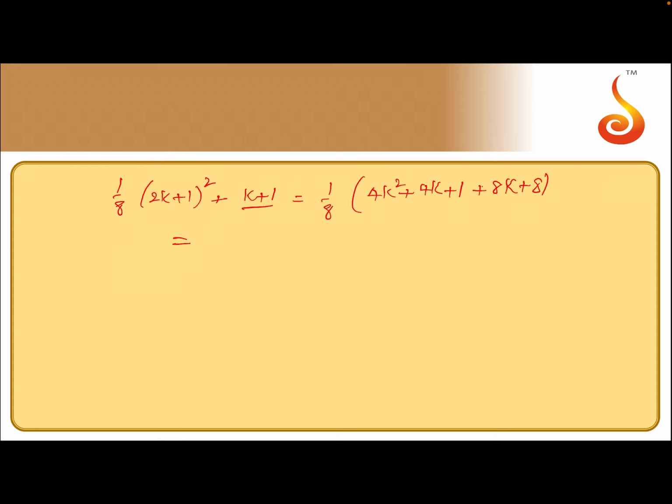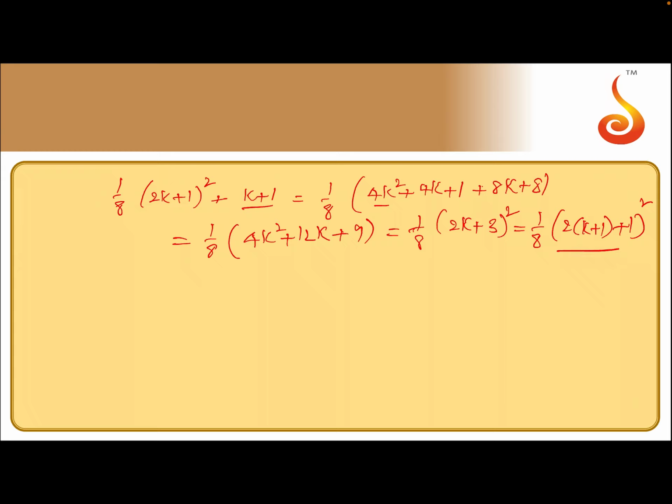This is 1 by 8 times (4k square plus 12k plus 9), and that of course is 1 by 8 times (2k plus 3) whole square, which is written as 1 by 8 times (2 into (k plus 1) plus 1) whole square.